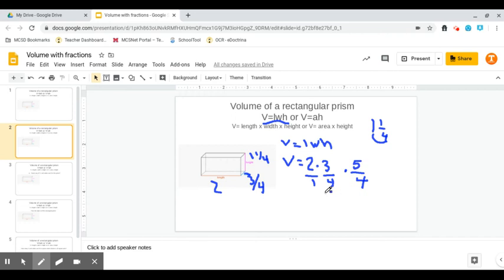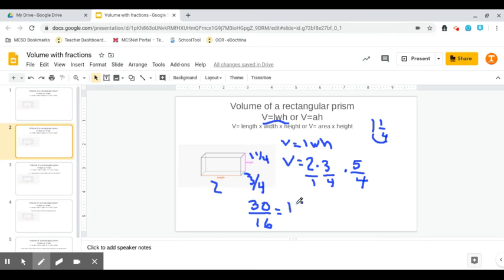Okay, so what I'm going to do is 2 times 3 is 6, times 5 is 30. So my numerator is 30. Okay, my denominator is 4 times 4 is 16. So I have 30/16.